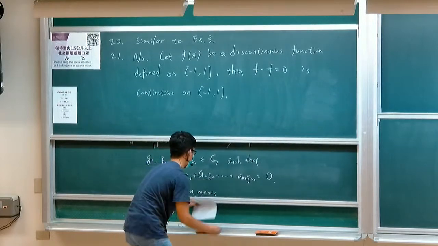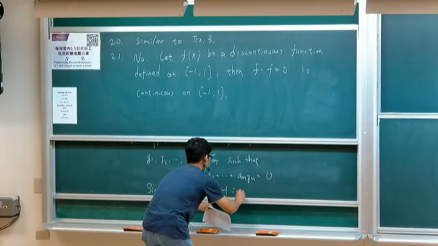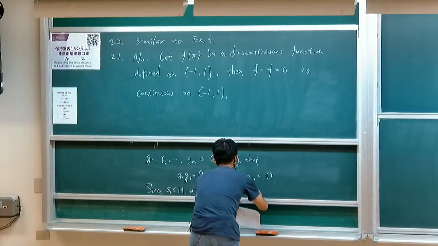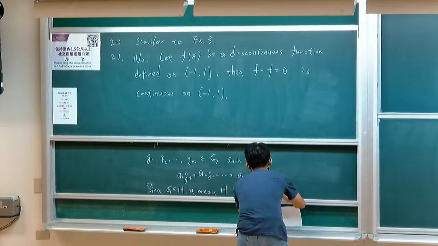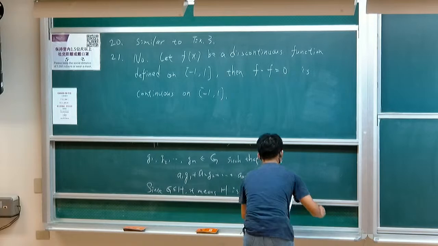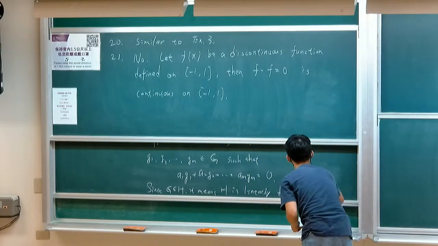It means H is linearly dependent, which is a contradiction.